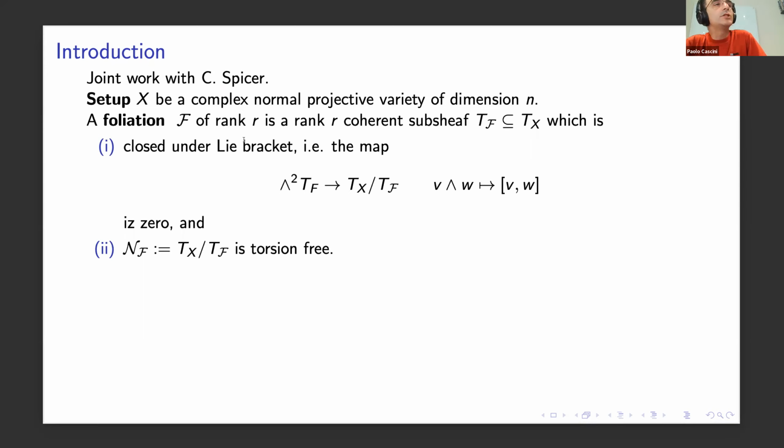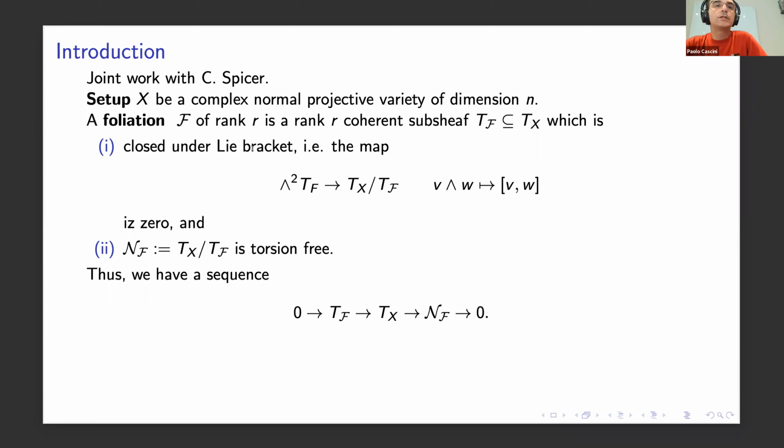The second property, which is a very basic property, is that the quotient, which we denote by N_F, the normal sheaf of the foliation, is torsion-free. Why is it a basic property? Because we can always achieve it by taking the saturation of any subsheaf. So the real ingredient in the definition of foliation is the fact that it's closed under the Lie bracket.